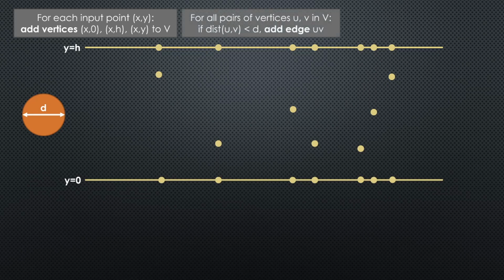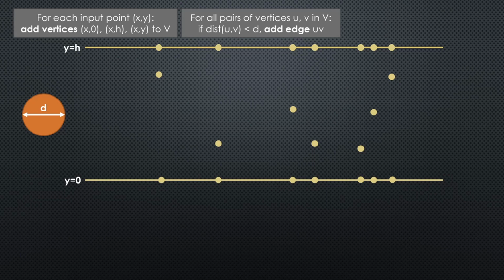So for all pairs of vertices, well, if there were n trees in the input, we have 3n vertices, right? So it's like 3n all squared, 9n squared pairs of these vertices. We're going to check for each of these pairs of vertices u and v, is the distance too small for the bear to get between these 2 points?